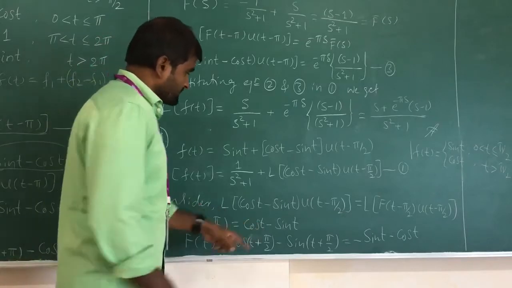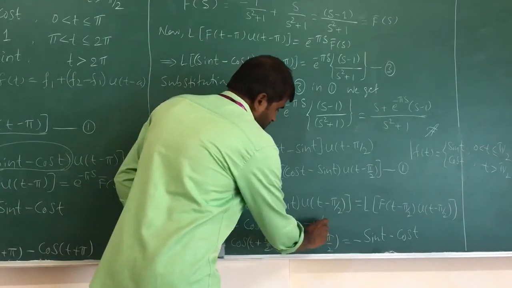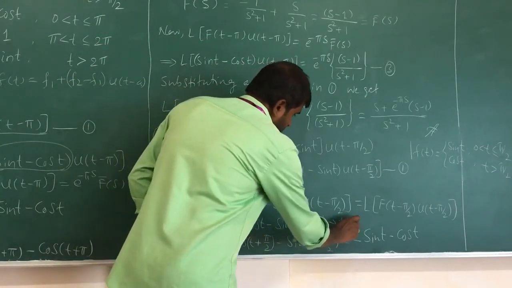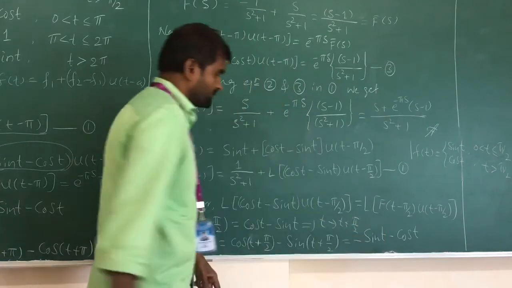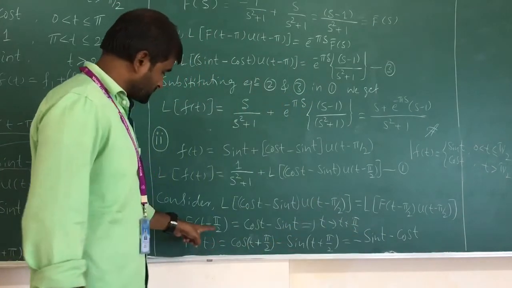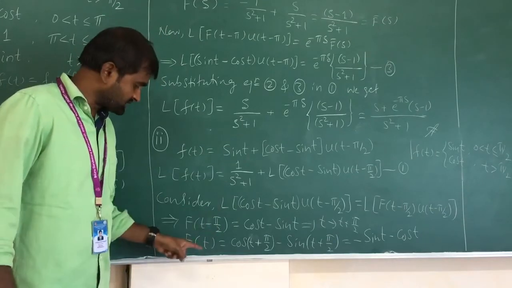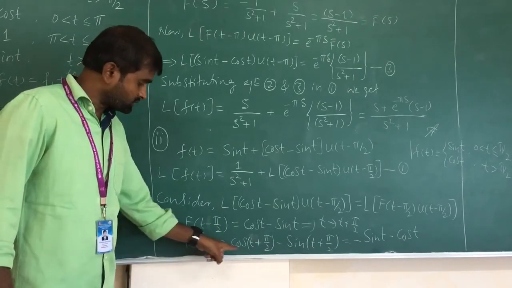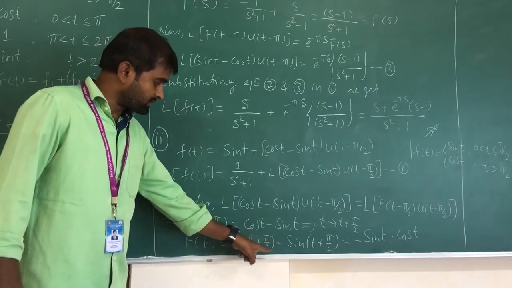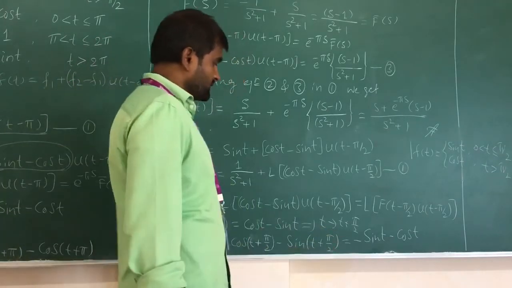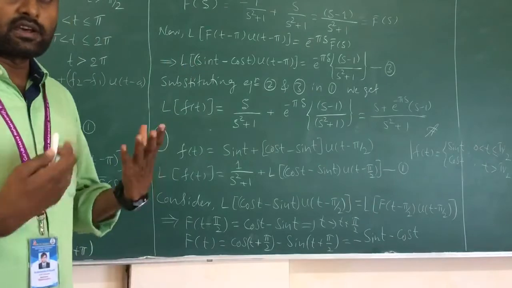Then here, t is replaced by t plus pi by 2. So t plus pi by 2, right? So the minus pi by 2 and plus pi by 2 will be cancelled. We have f of t equal to cos of (t plus pi by 2) minus sin of (t plus pi by 2). Again, other angles.